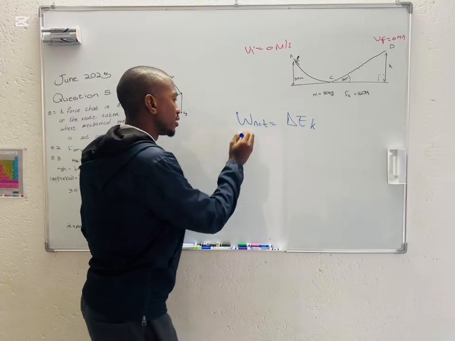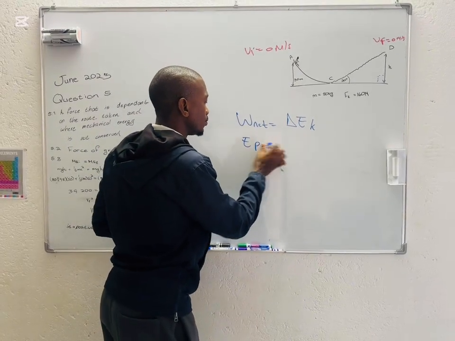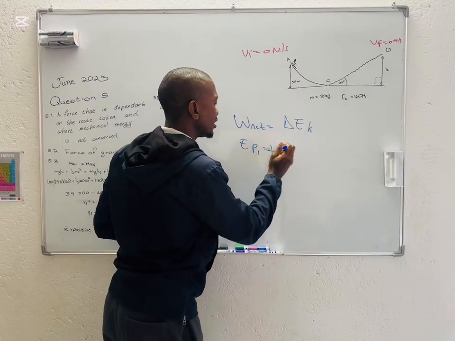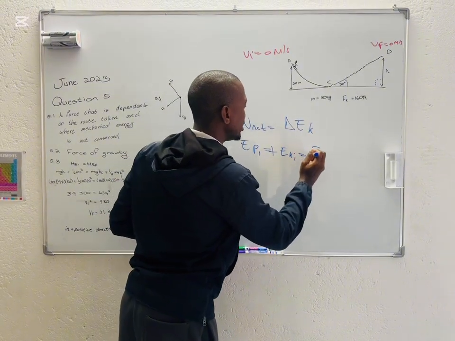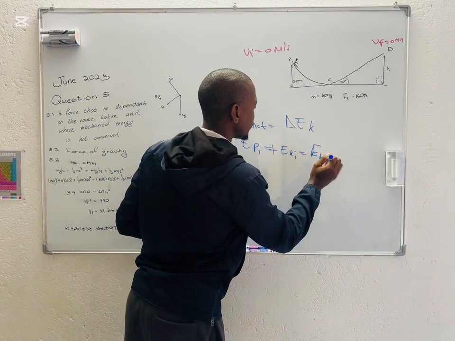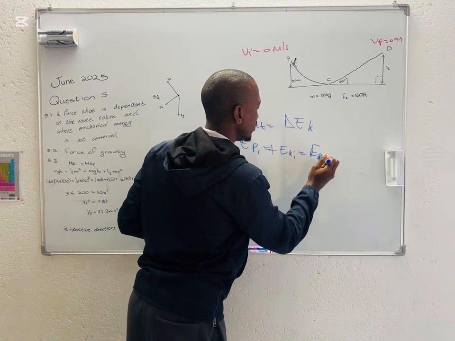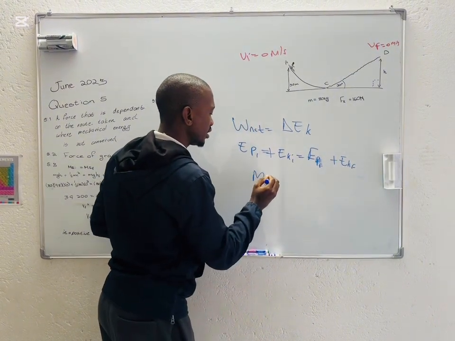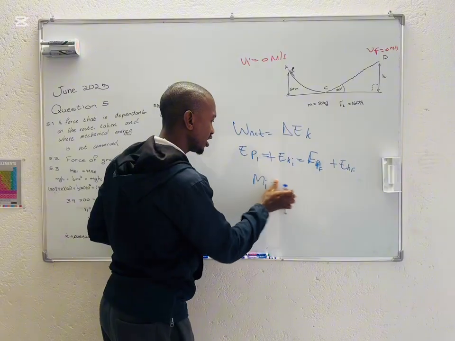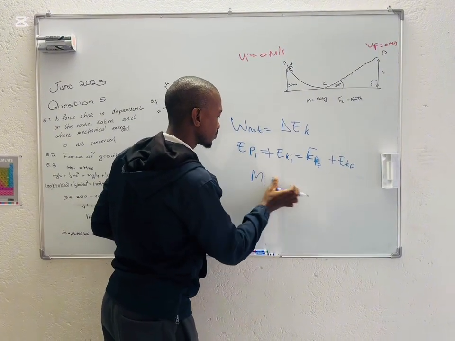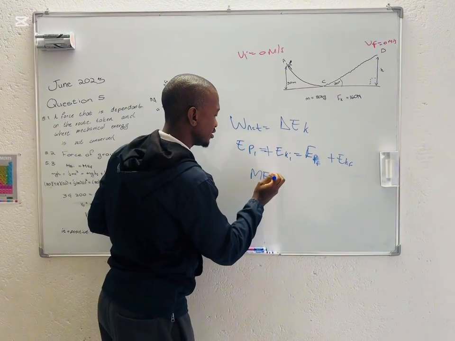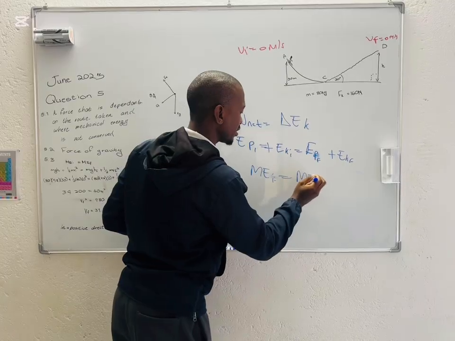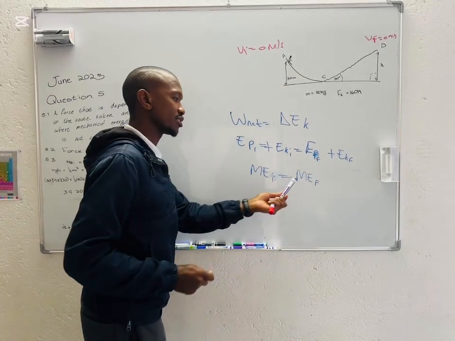Another formula you can use: EP initial plus EK initial equals EP final plus EK final. Meaning initial ME equals final ME, which is the mechanical energy.